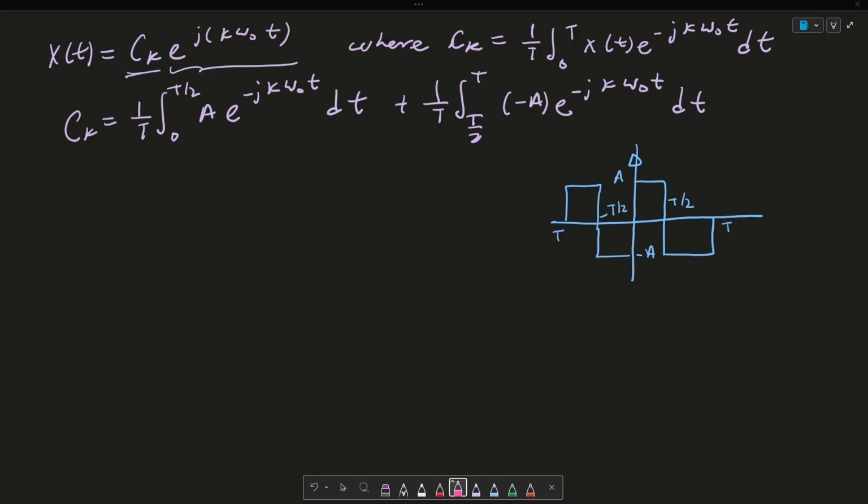Where remember now that this A is coming from here, from 0 to T over 2, and this negative A is coming from here, from T over 2 to T.